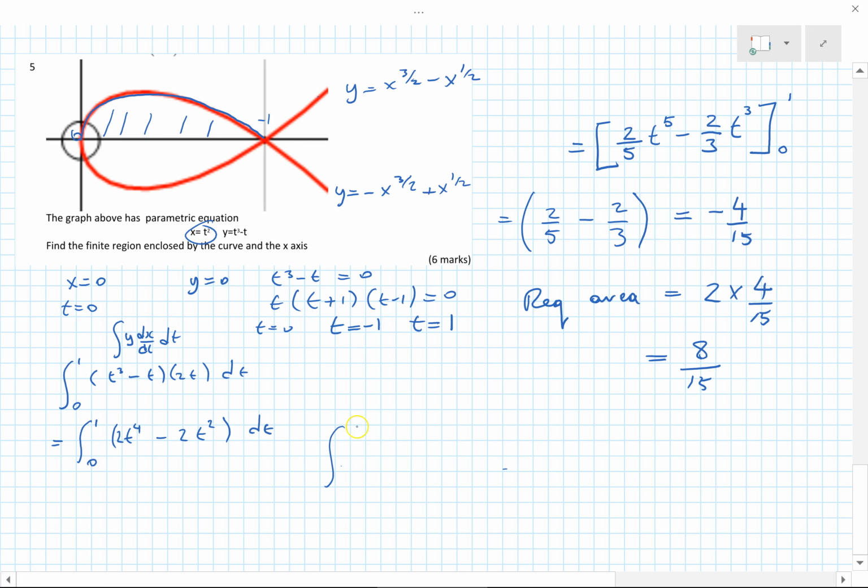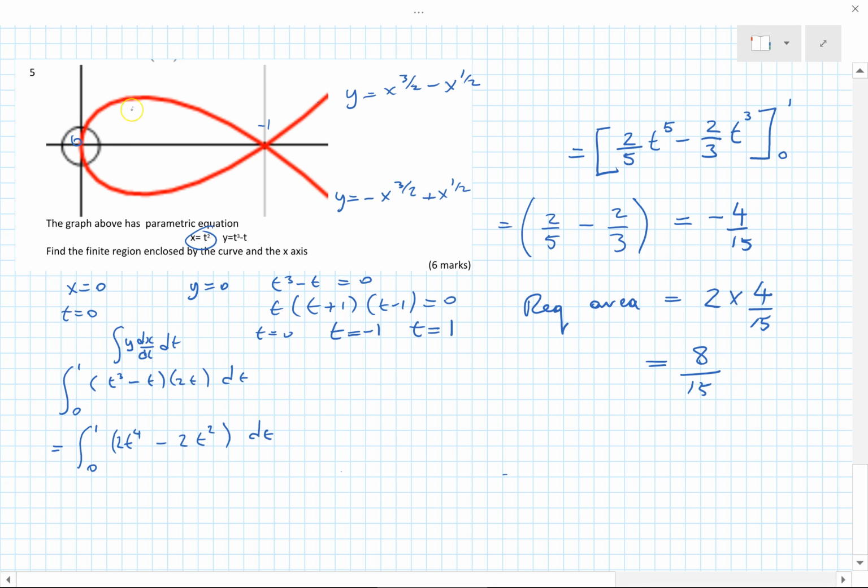We'd almost have to have the upper limit being lower than the lower limit, which is a bit strange and confusing. So that's why I did the bottom bit. It doesn't really matter. If you get a negative, you just take it off and then double the answer, because we know by symmetry it'll be equal to the same as that.